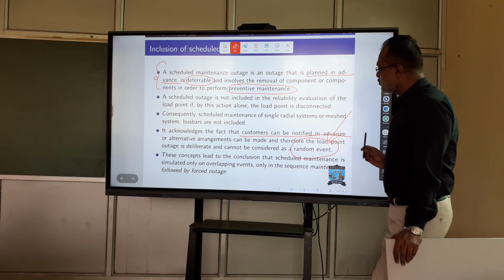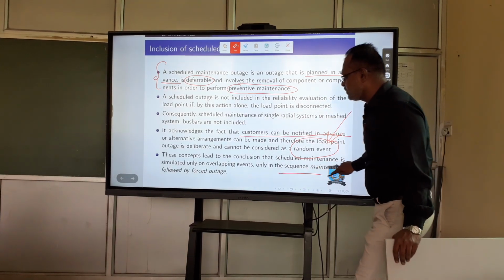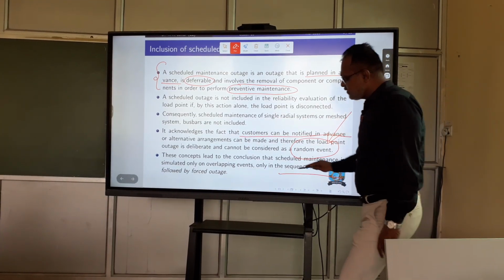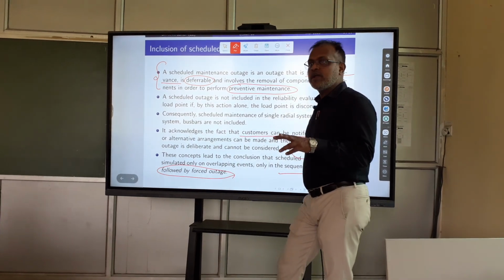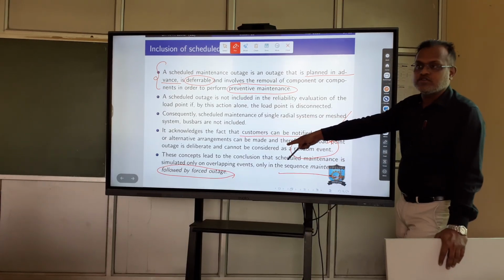This concept leads to the conclusion that scheduled maintenance is simulated only on an overlapping event, only in the sequence of maintenance followed by outage. Write down this: scheduled maintenance is included for reliability evaluation only when it is followed by a post outage.